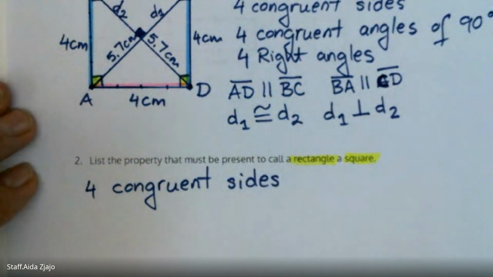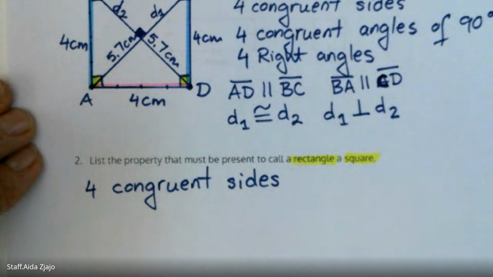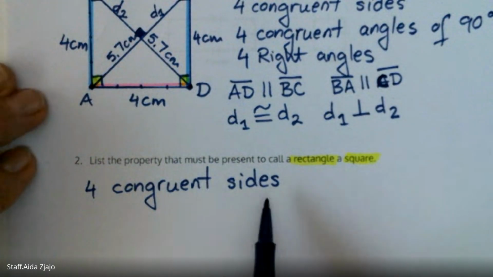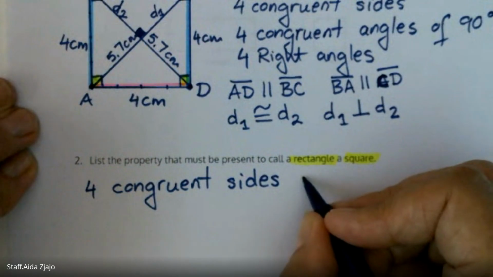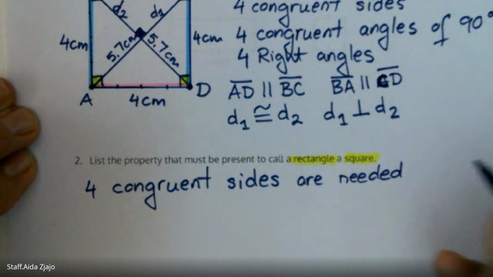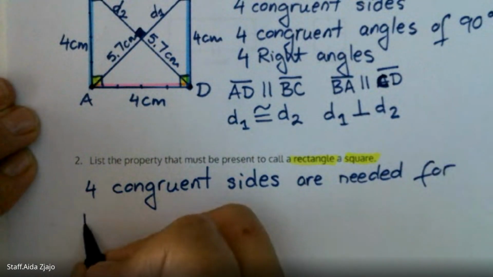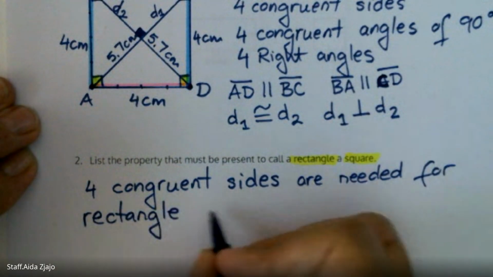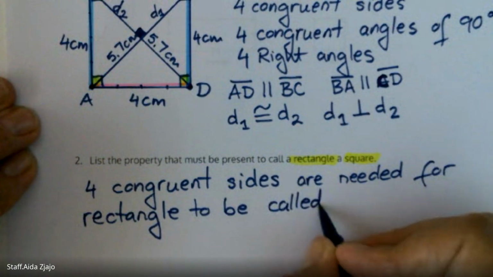A rectangle has to have 4 congruent sides in order to be called a square. 4 congruent sides are needed for a rectangle to be called a square.